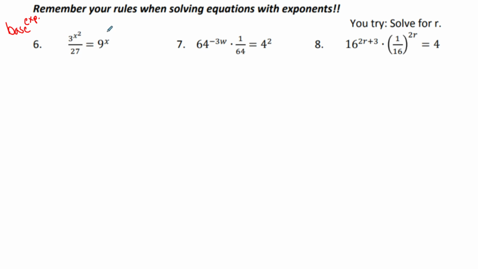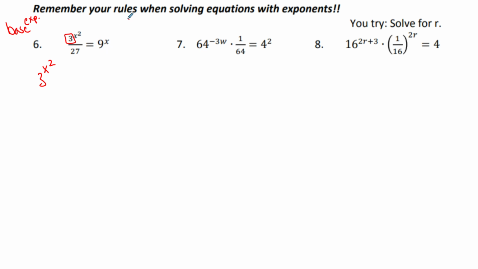Okay, so look at this first equation. You have 3 to the x squared on top, 27 on bottom, equals 9 to the x. What's the smallest base that you see? The smallest base is 3. All right, so we're going to write everything in base 3. So we have 3 to the x squared.